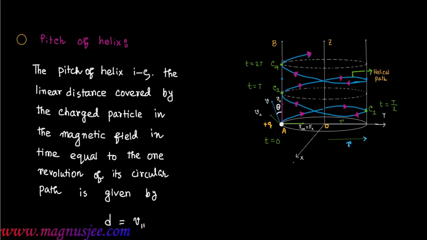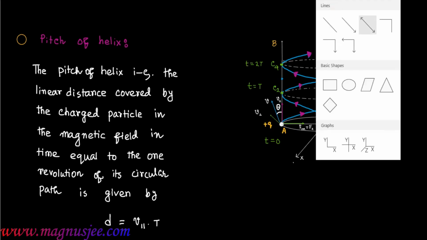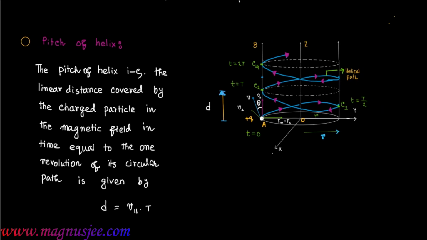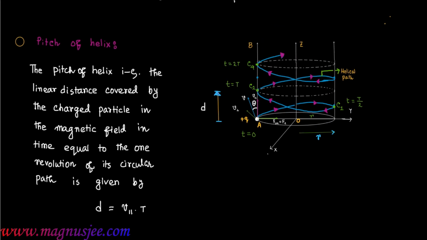small d equals V parallel times T, where capital T is the time period of revolution of the charged particle. So the linear distance traveled by the charged particle in one revolution, parallel to the direction of magnetic field, is denoted by small d in the diagram.